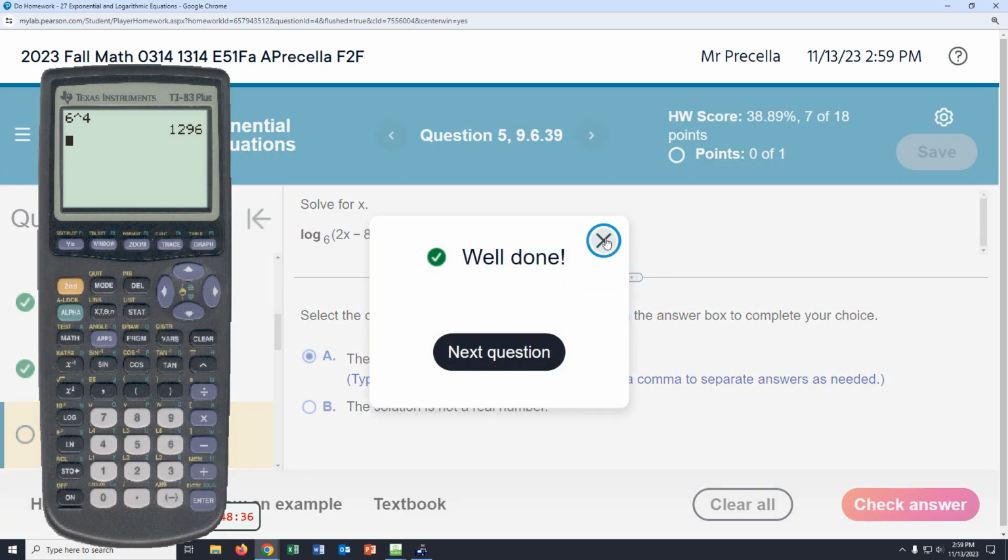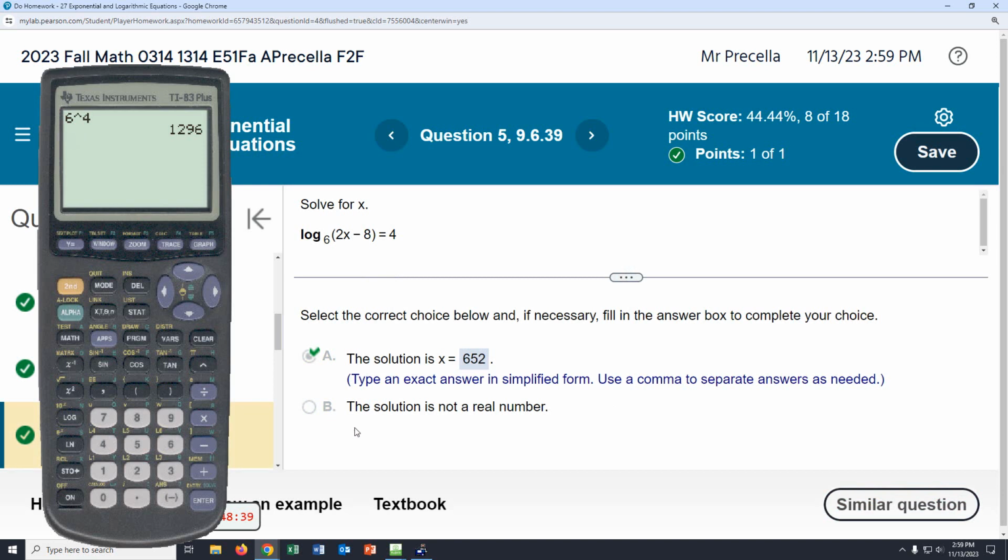Now, a word about this thing right here. The solution is not a real number. Suppose you got x equals 1 as the solution. What would you have following here as the argument? If x were 1, 2 minus 8, can you take the log of a negative number? It doesn't matter what sort of a log.